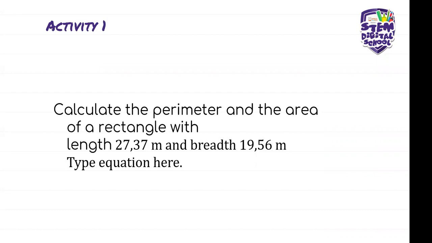So if you have your pen and a paper there, please just find a way of calculating the perimeter. Remember, what is the perimeter? We have defined the perimeter as the distance around the edge of the shape. So the distance around the edge of a shape is known as a perimeter.